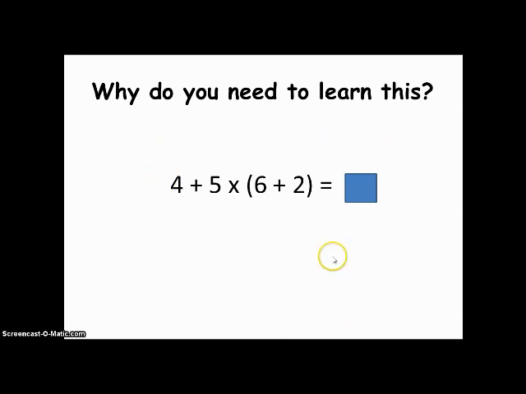If you look at what you are seeing on the screen, there is a combination of operations here. For example, 4 plus 5, this is addition. Then there is times here, which is multiplication.